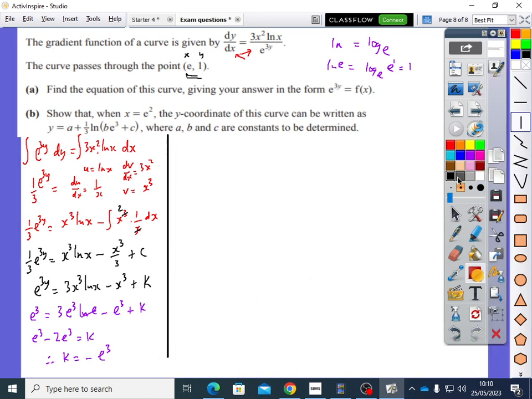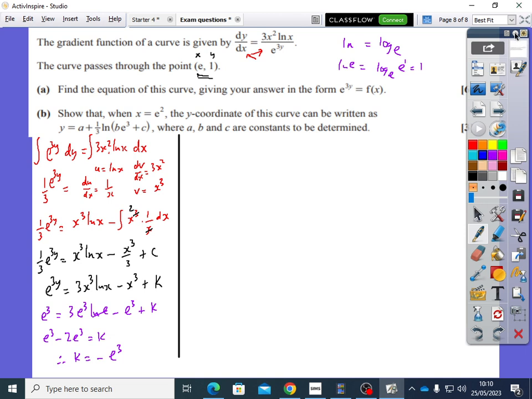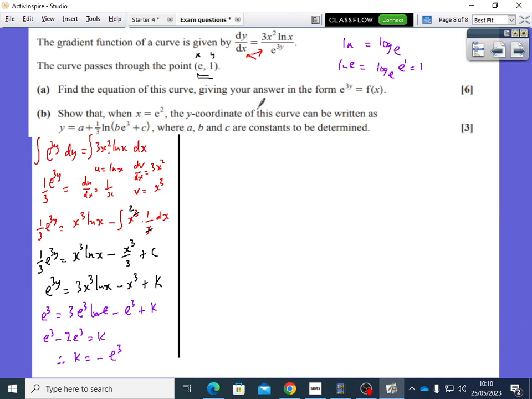So now, as required, I can write down my equation in this form. So I know that, going back, writing it here, e to the 3y is going to equal 3x cubed ln of x minus x cubed.